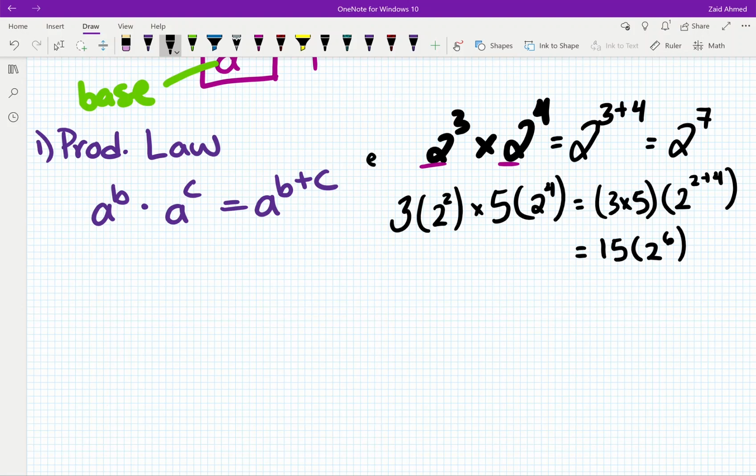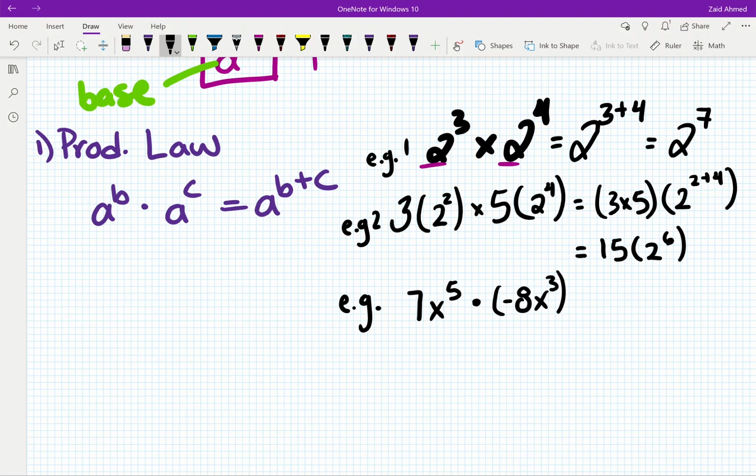We could also use variables in here as well. So we could have something like 7x to the power of 5 times, let's do negative 8x to the power of 3.